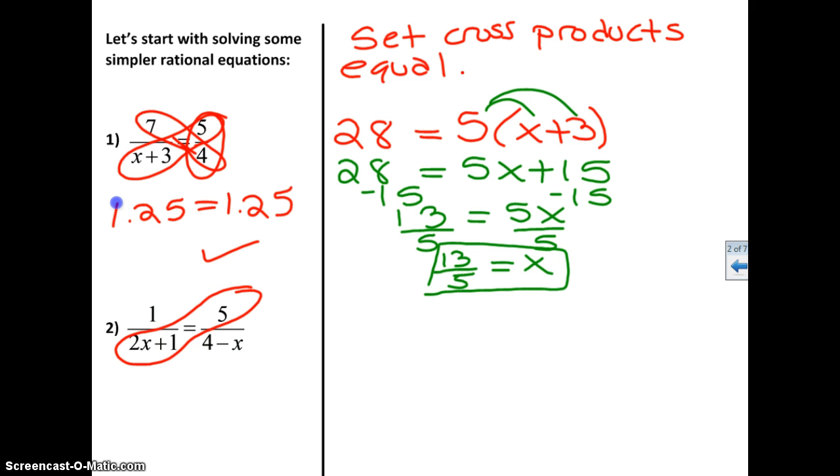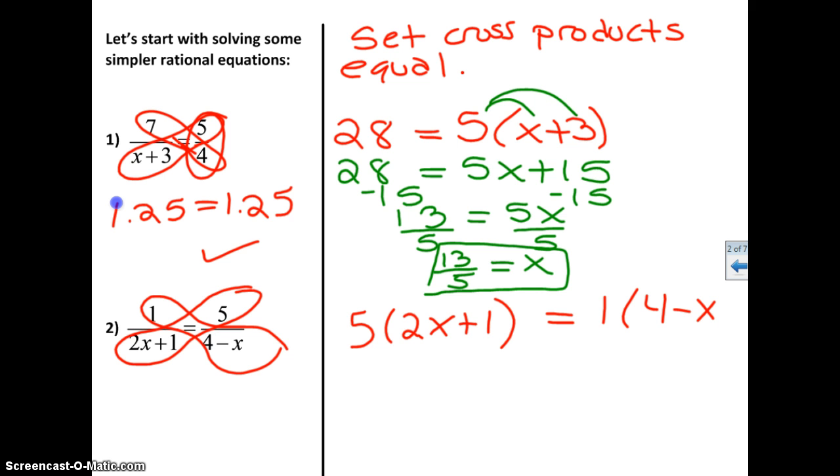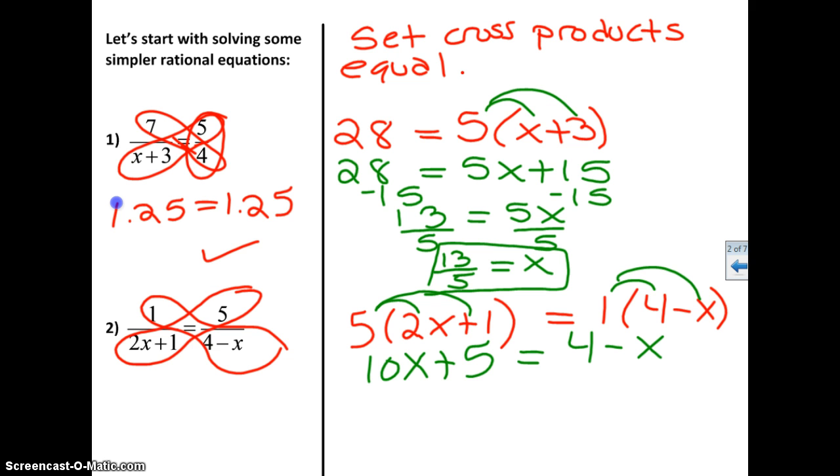We're going to do number 2 the same way. I'm going to take the cross product of 5 multiplied by (2x plus 1), and I will set it equal to the other cross product, which is 1 times (4 minus x). That 1 isn't going to make a difference, but I'll keep it there just in case. So again, let me grab my green just to show that I'm distributing, and I will get 10x plus 5 is equal to 4 minus x, and now I can solve like a normal equation, right?